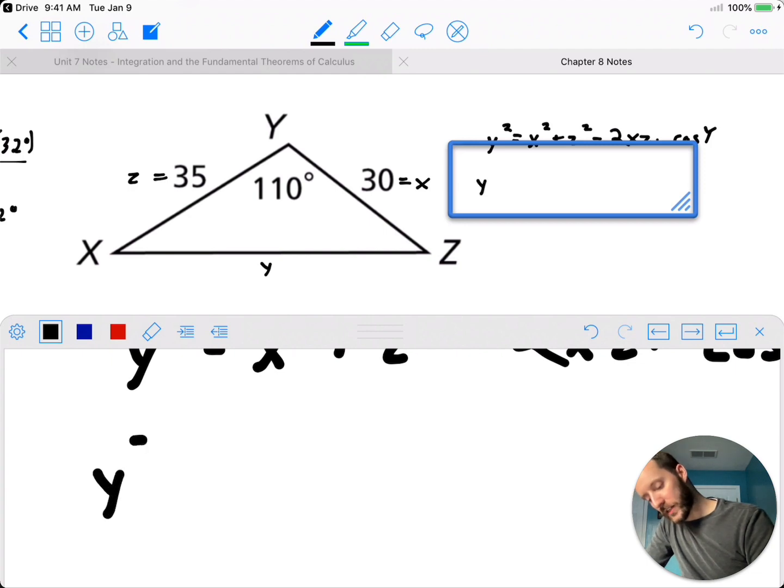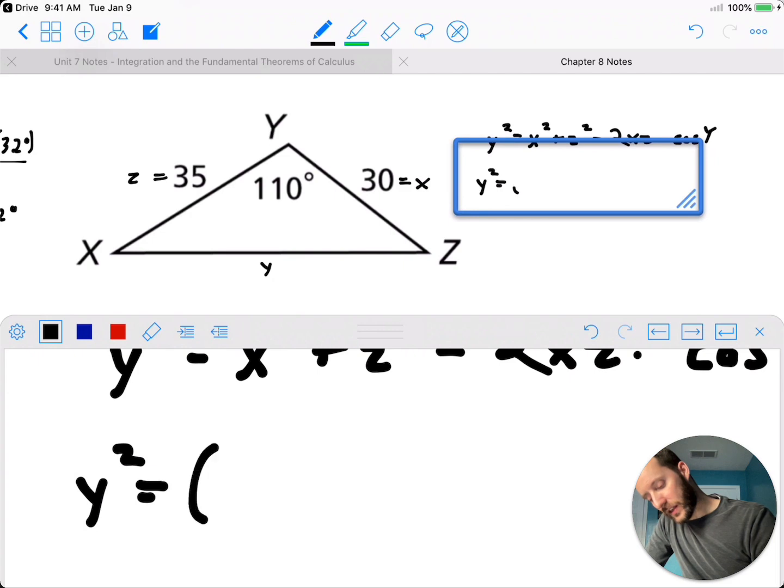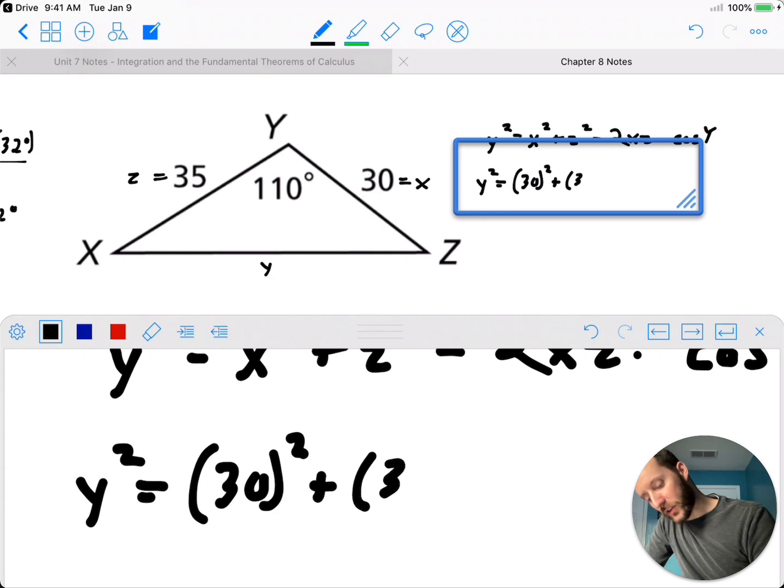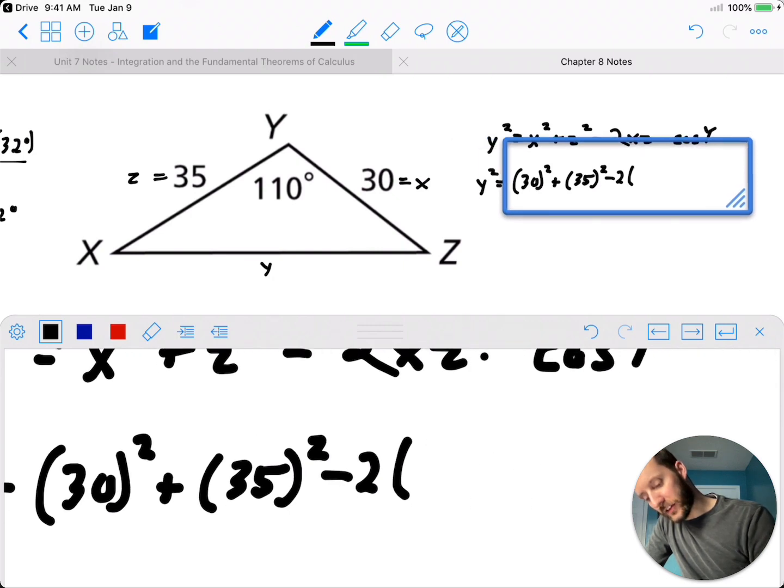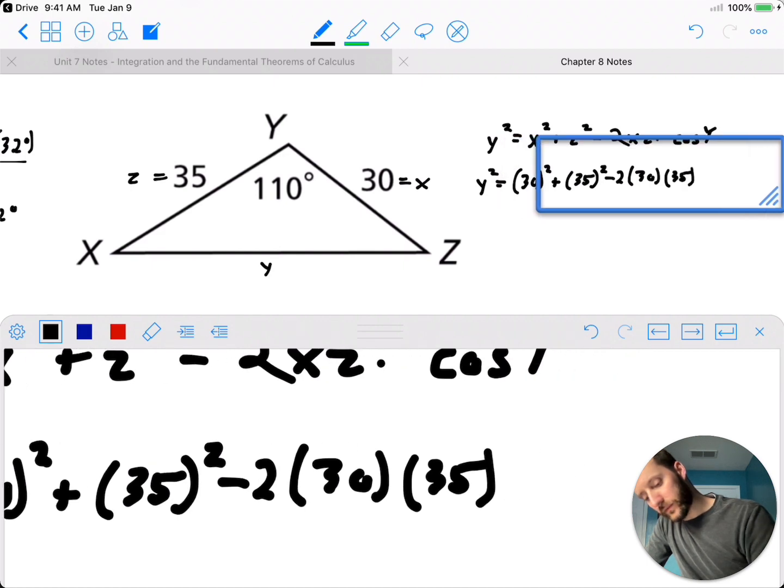Y squared equals, x is 30, so 30 squared. Z is 35, so 35 squared. Again, x is 30. Z is 35. Then cosine of 110 degrees.